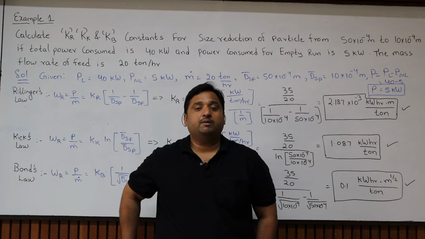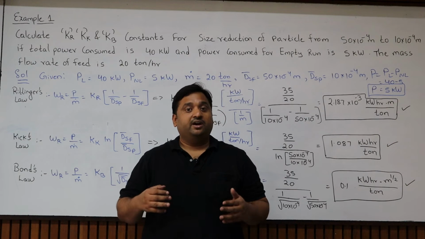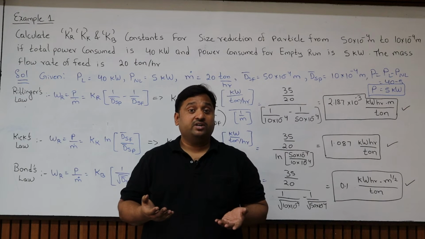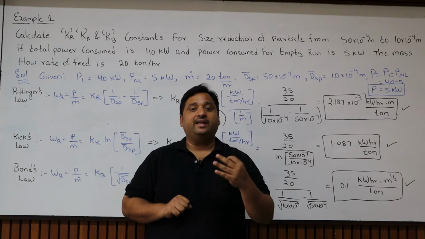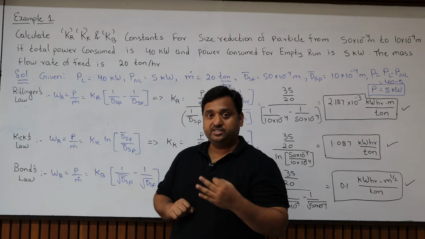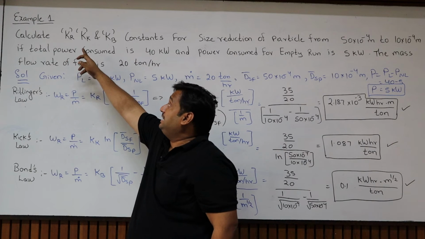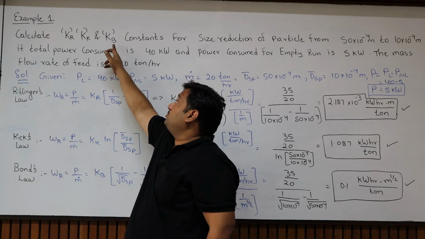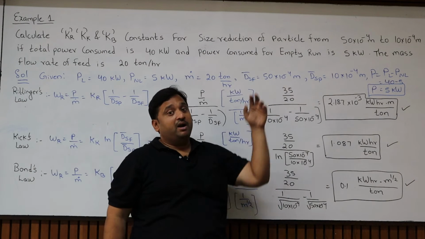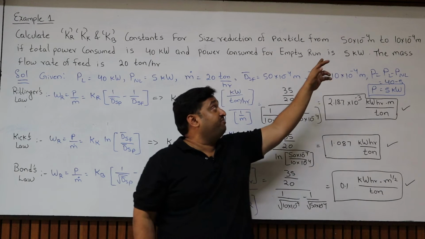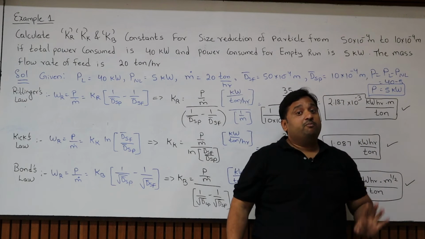Let us solve one problem on finding Kick's constant, Rittinger's constant, Bond's constant, as well as the work index of the material by applying the three laws. The problem is to calculate Rittinger's constant, Kick's constant and Bond's constant for size reduction of a particle from a feed size of 50 into 10 power minus 4 meter to 10 into 10 power minus 4 meter.